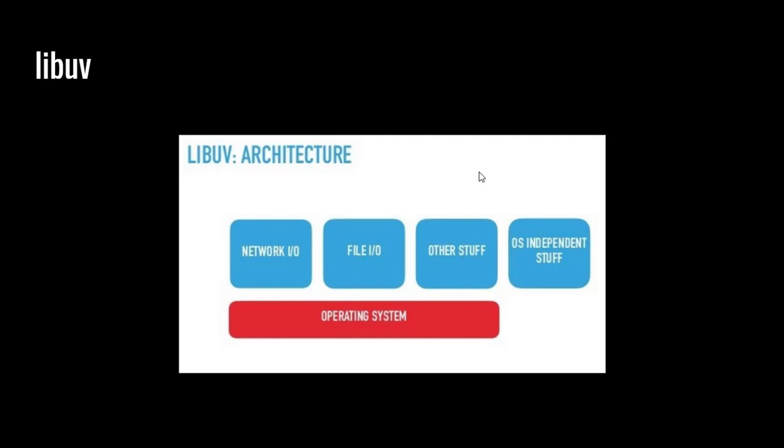It's the operating system. It handles network I/O. So we're talking about TCP connections, HTTP connections, these kinds of things that we're going to talk about in socket I/O, and we talked about the web server. File I/O: when we're dealing with files, we're talking about deleting files, creating files, opening files, writing files, all that type of stuff. Other OS-independent stuff, all right?